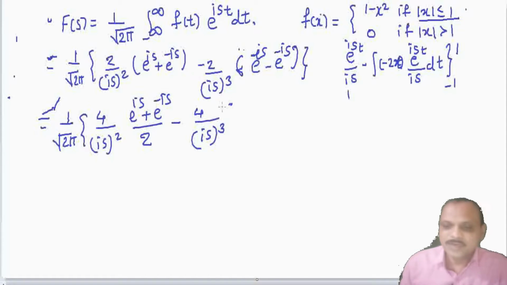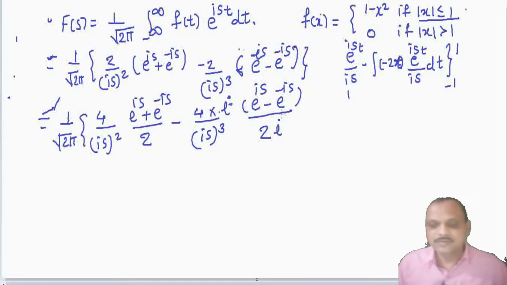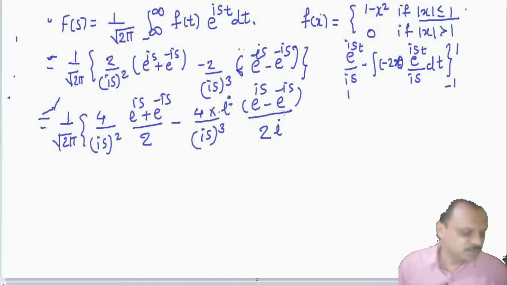Here we multiply and divide by i into e raised to is minus e raised to minus is divided by 2i. So we have plus and minus terms.